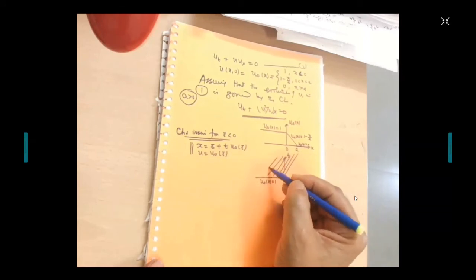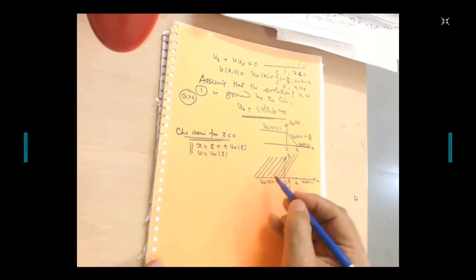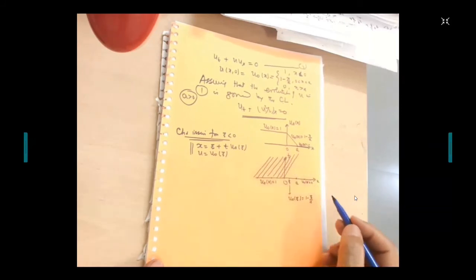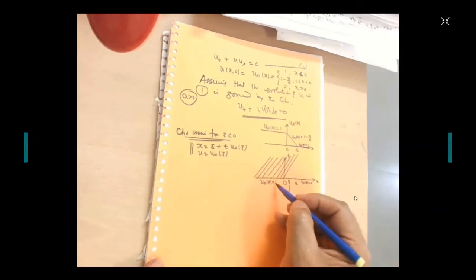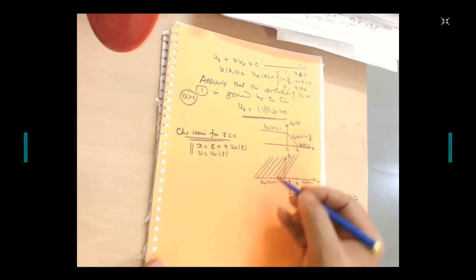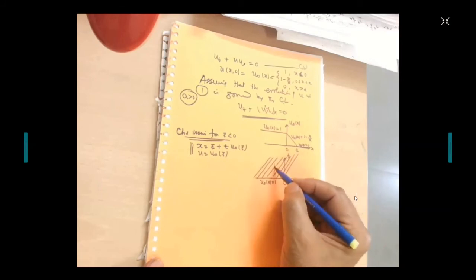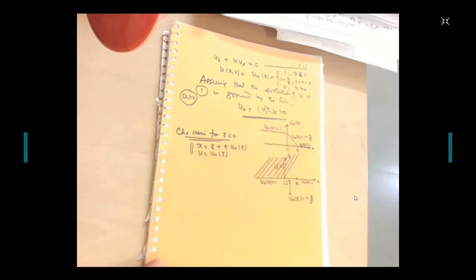These are the characteristics originating from this part of the real line, and therefore what is the solution here in this region? u is equal to 1, because these characteristics will carry this information into the region. Each characteristic will take u equal to 1, so u is equal to 1 on the whole of it.